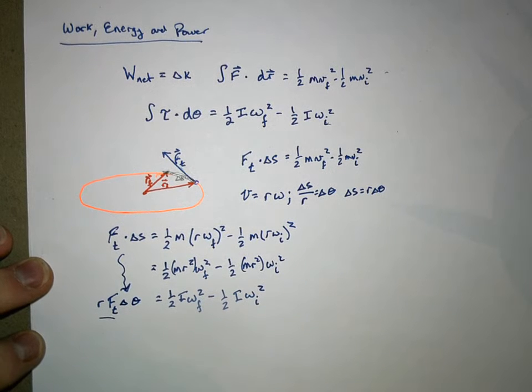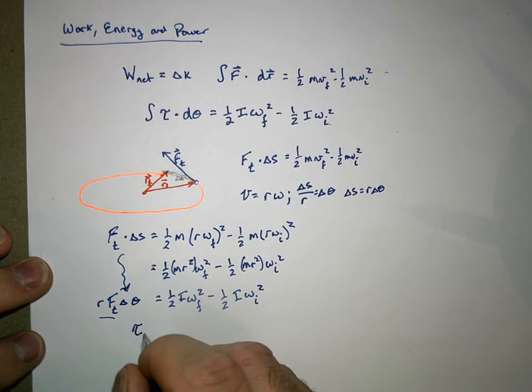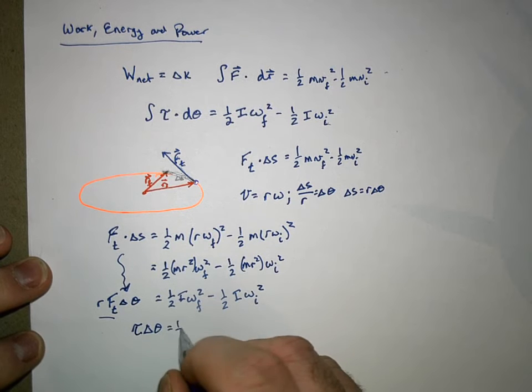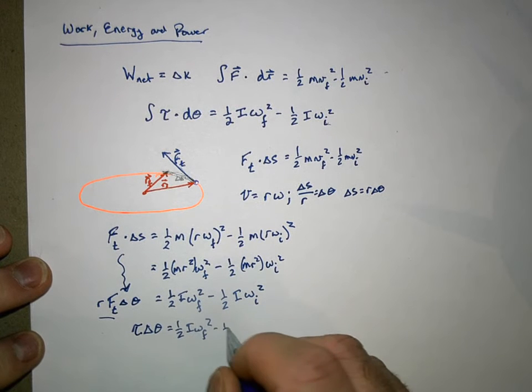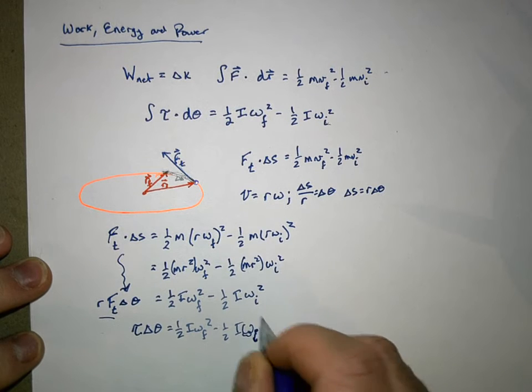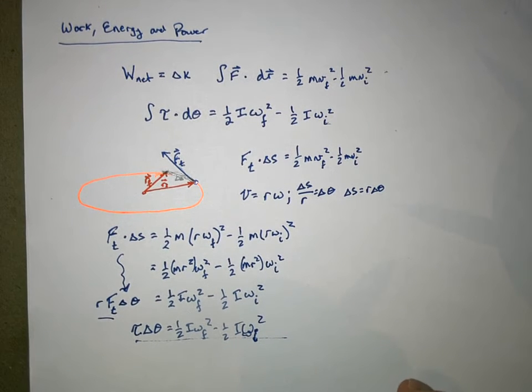This r times F becomes tau. So tau delta theta equals 1/2 I omega final squared minus 1/2 I omega initial squared. And there is our work energy theorem, completely in rotational variables, which is what we're looking for, and that's how we derive it.